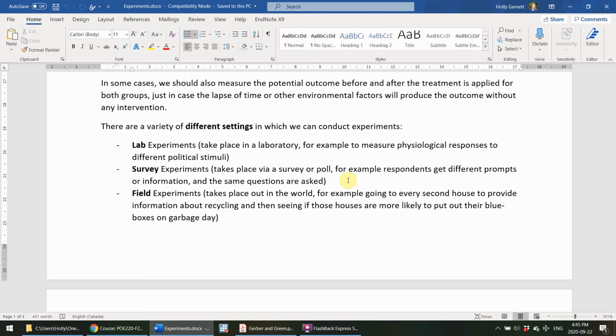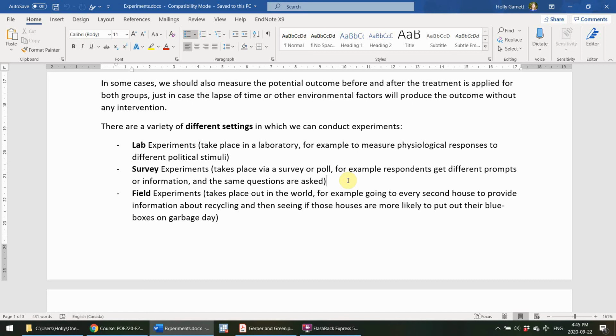So in my example earlier about single transferable vote, the Xerox information they got had nothing to do with electoral systems, but I just still wanted them to sit and read something. And then you ask the same sets of questions and see if those two groups differ based on that information they got. So for example, if one group gets disinformation and one group gets accurate information, does that change who they choose to vote for?